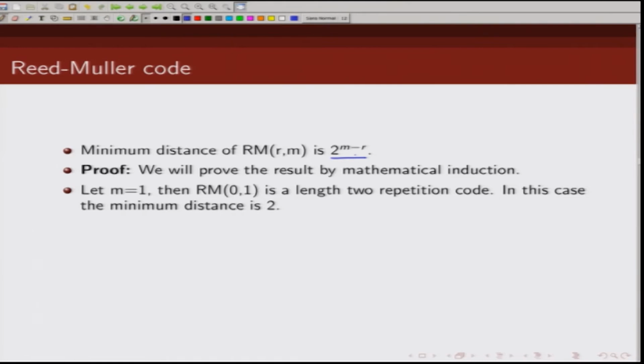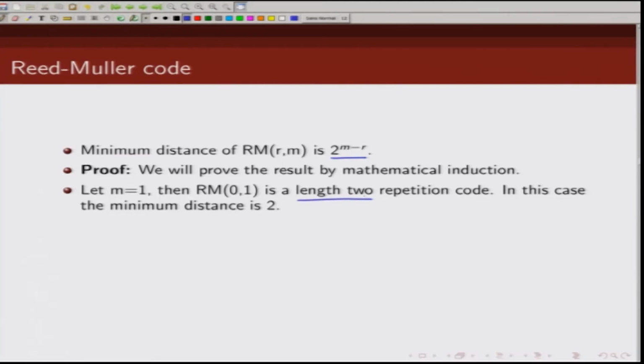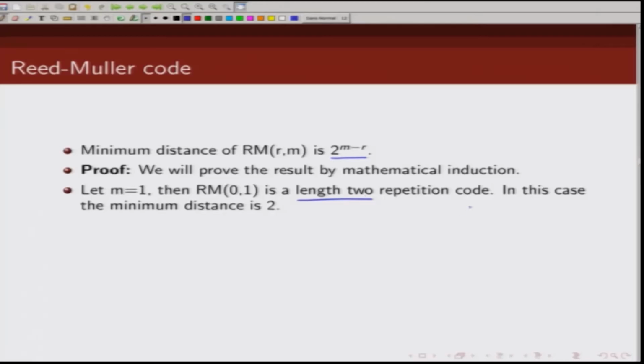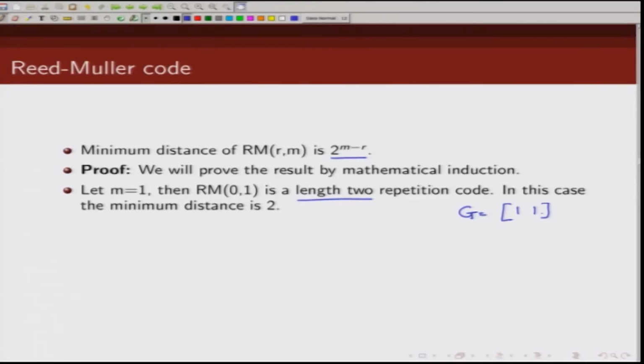So, when m is 1, what is the length of the Reed-Muller code? It is 2 raised to power m, so that length is 2. When the order is 0, G will consist of only V0, which is 1 1. So, the Reed-Muller code of order 0 and m equal to 1 is essentially a length 2 repetition code.